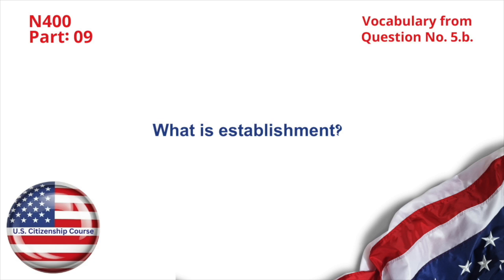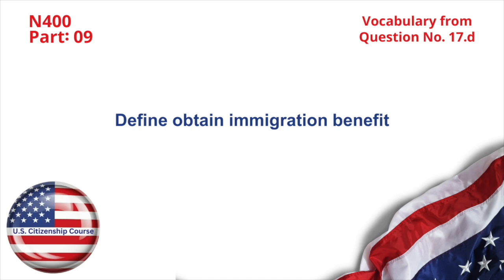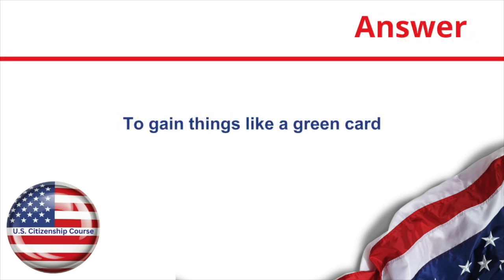What is establishment? Starting or creating a group. Define, obtain immigration benefit. To gain things like a green card.